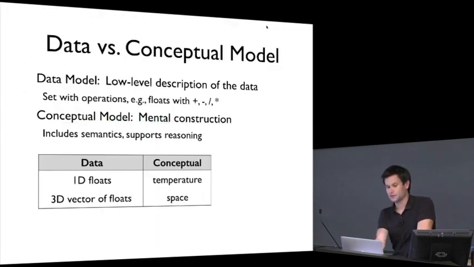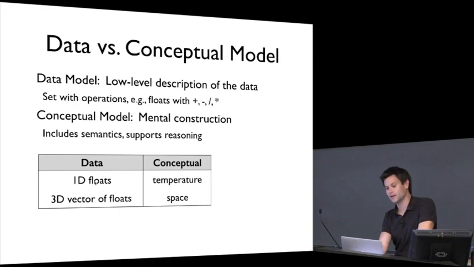Okay, when we talk about data, there's this difference between data and conceptual model. Yeah? The data model is what we've talked before. It's the low-level description of a data set. And the conceptual model includes the semantics and also reasoning. So for instance, if we have a data set and it's one-dimensional float, and you don't know that, then there's nothing you can do.